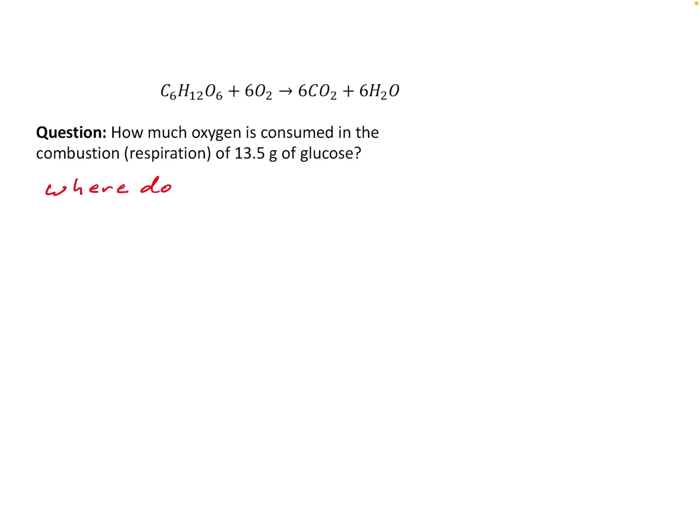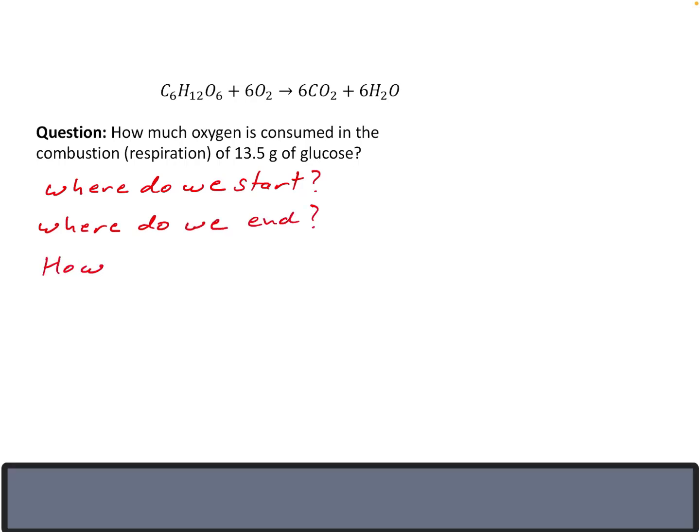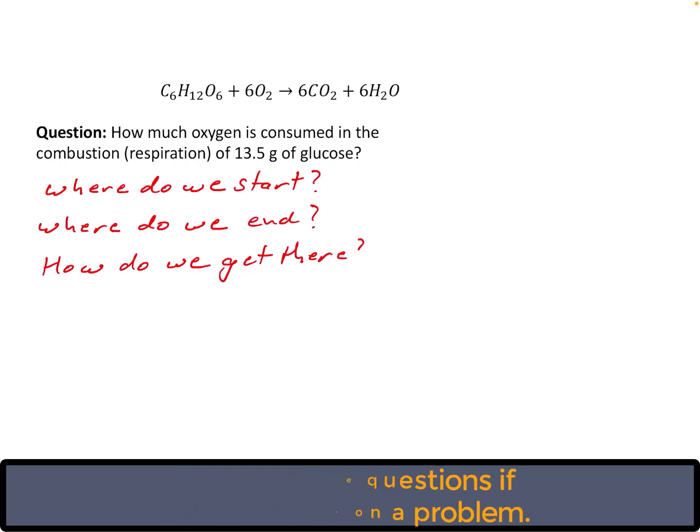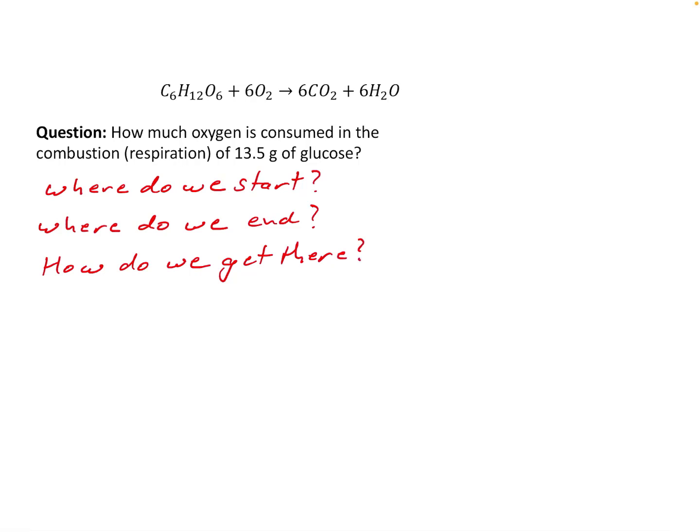Where do we start? Where do we end? And then how do we get there? These are the three general questions that we're going to be answering in any sort of stoichiometry problem.